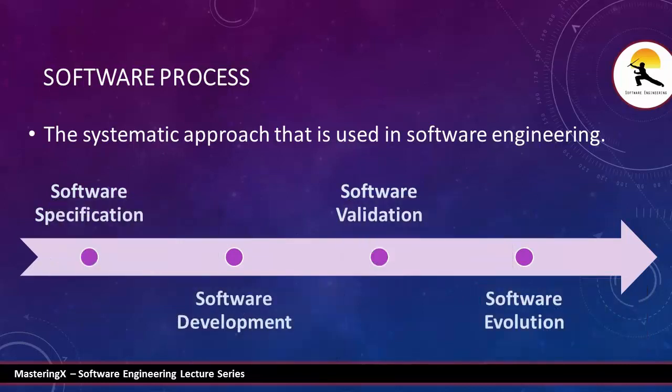However, although there are many different software processes, they all must include, in some form, the four fundamental software engineering activities: software specification, software development, software validation, and software evolution. In the software specification activity, the functionality of the software and the constraints on its operation must be defined.